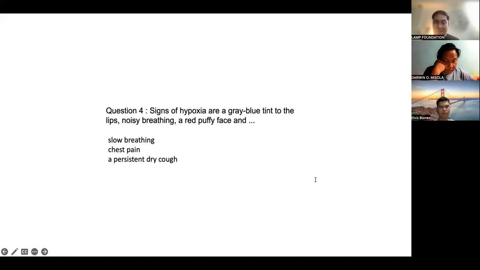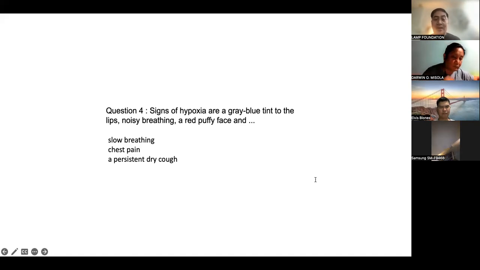Persistent dry cough. Alam mo bakit? Kasi hindi nagde-descend yung lung chi, kulang kasi sa oxygen. Pag hindi nagde-descend yung lung chi, umaakyat ulit. Okay, did you get that? Huwag nyo lang isipin. You have to really think.